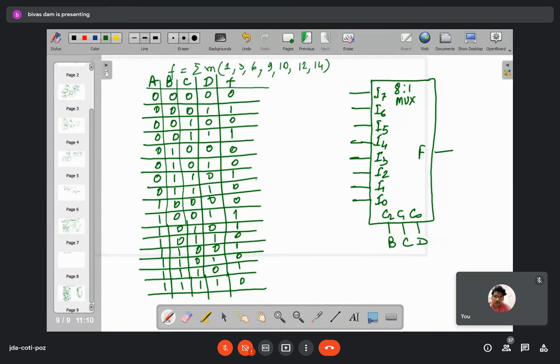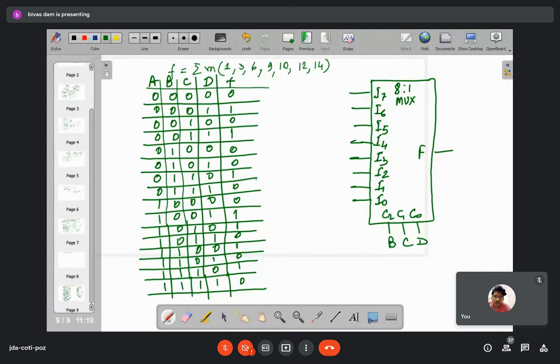So depending on the particular pattern, one of the 8 primary input lines of the 8:1 multiplexer will get connected to the output. If BCD all are 0, I0 will get connected to the output. If BCD is 1, 0, 0, I4 will get connected. If BCD is 1, 1, 1, I7 will get connected to the output.